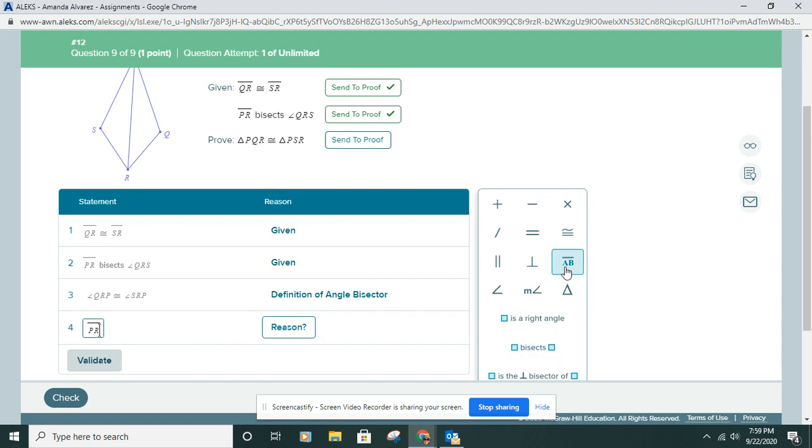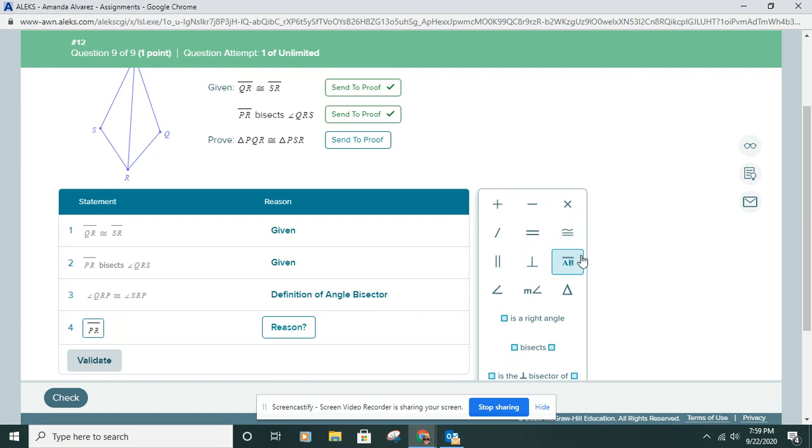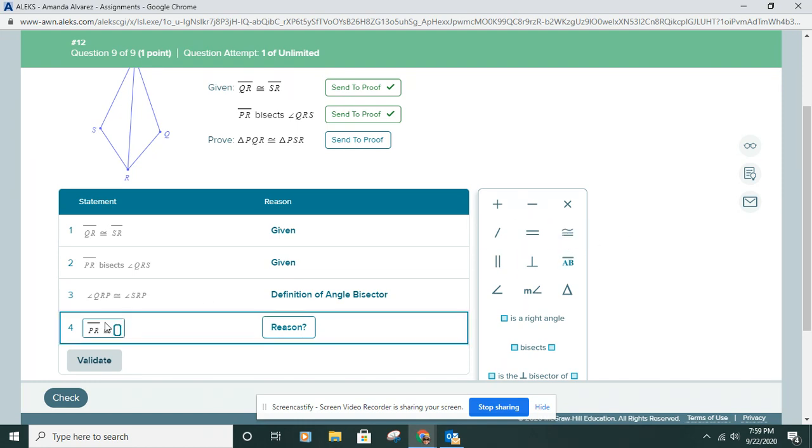If I just keep typing in here, see how the line keeps going? It's going to count that wrong. So I don't want to keep typing. Even if I put a space, so I just hit the space bar, it makes the line keep going on top. So what you need to do to make it work is press the right arrow and then press congruent and see how the little segment symbol stops.